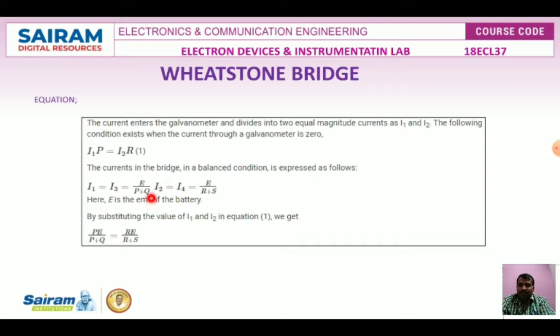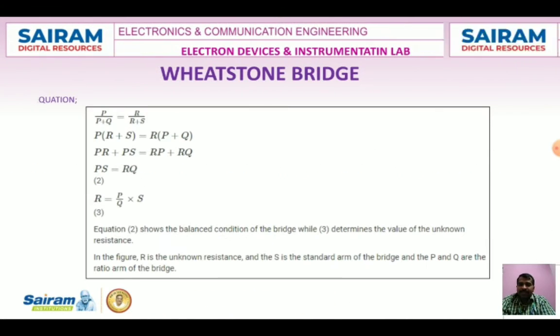By substituting equations 1 and 2, we get PE divided by P plus Q is equal to RE divided by R plus S. By cancelling the E on both sides, we get P divided by P plus Q is equal to R divided by R plus S.